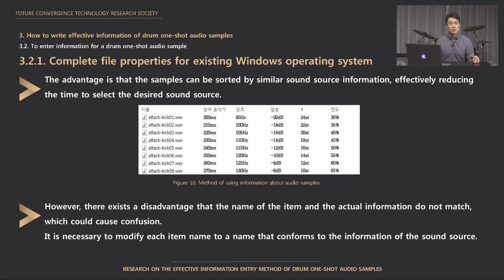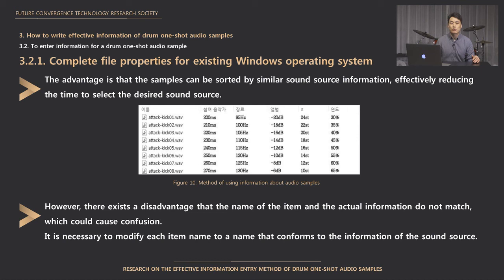And objective and standardized information can be entered without the use of unstructured methods such as the arbitrary or abstract file names previously used. However, while the above method has the convenience of storing audio information with the general ability to use a computer, there exists a disadvantage that the name of the item and the actual information do not match, which could cause confusion.